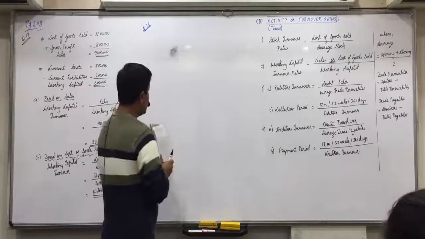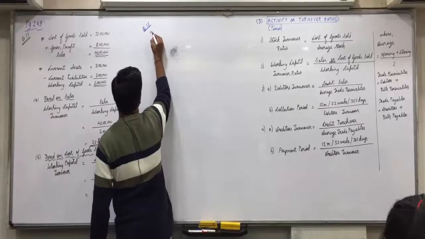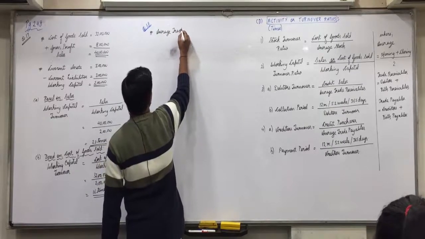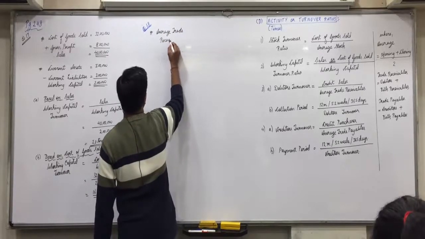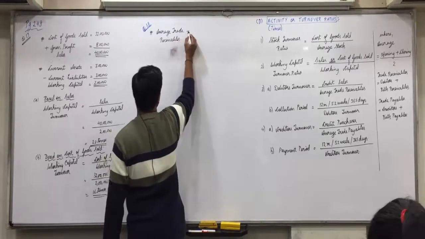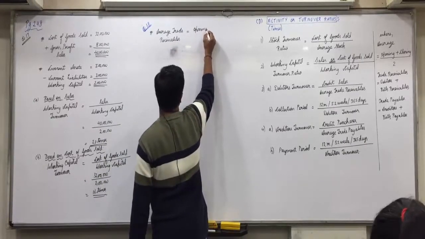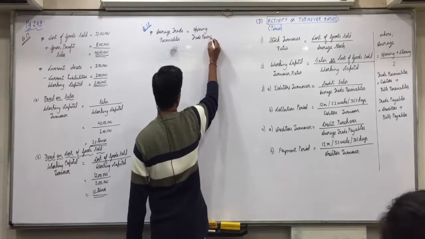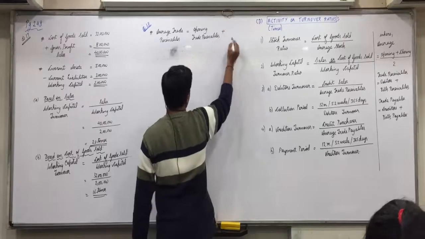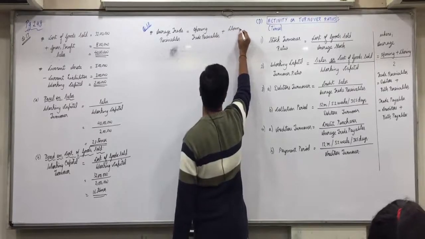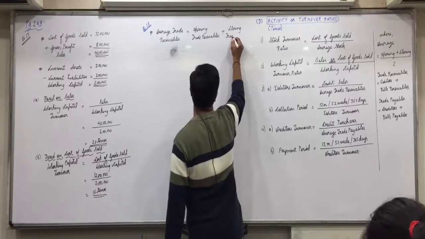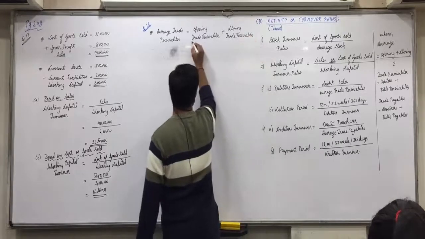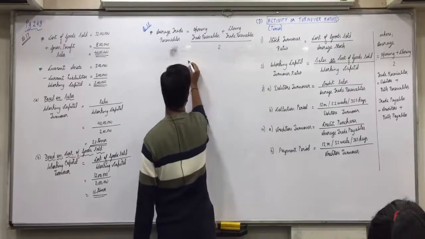Average trade receivables is equal to opening trade receivables plus closing trade receivables divided by 2.